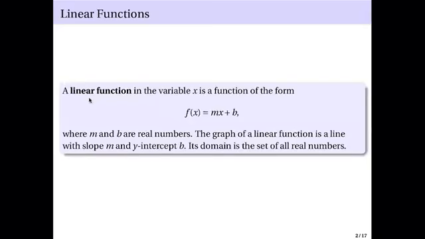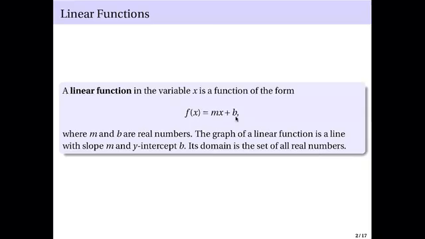So, a linear function in the variable x is a function of the form f of x equals mx plus b, where m and b are real numbers. Now, if we choose a particular value for x, then we will have some real number m times that particular value of x plus b.